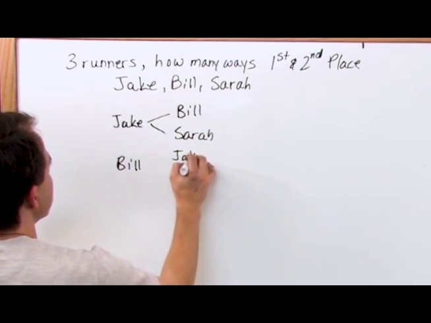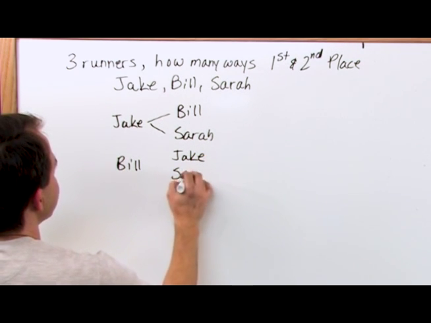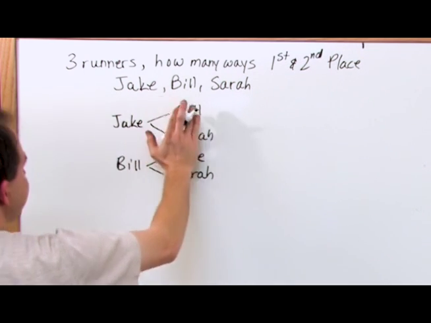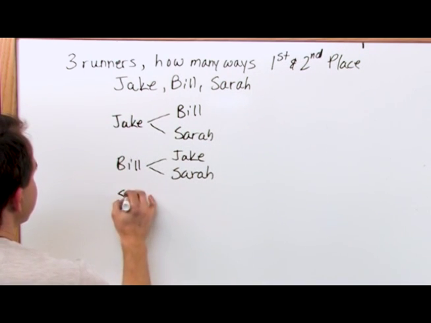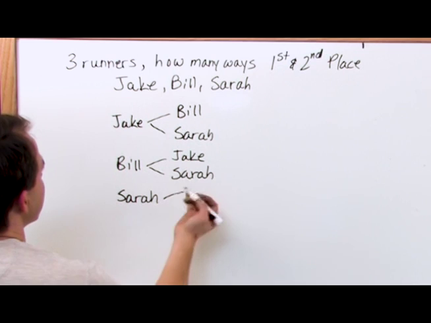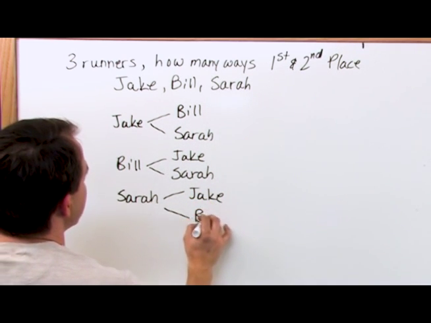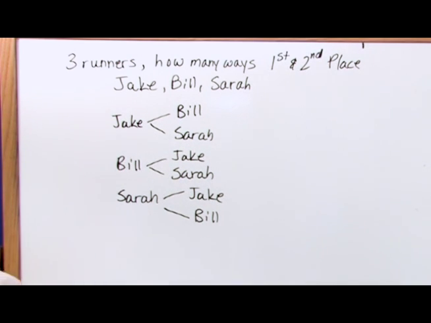Then Jake could finish second, or Sarah could finish second. So this is first place, this is second place. And then if Sarah's the one to finish first, Jake could finish second, or Bill could finish second. This is just a review. We did this in the last section. I'm just showing you for some comparison purposes.